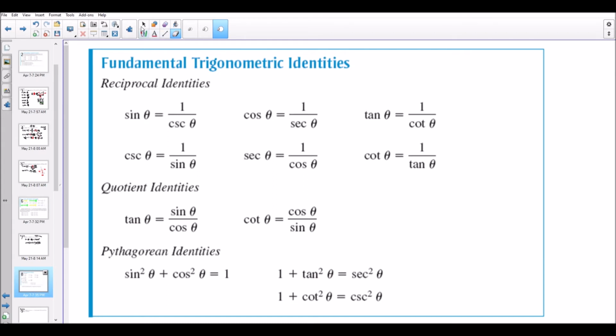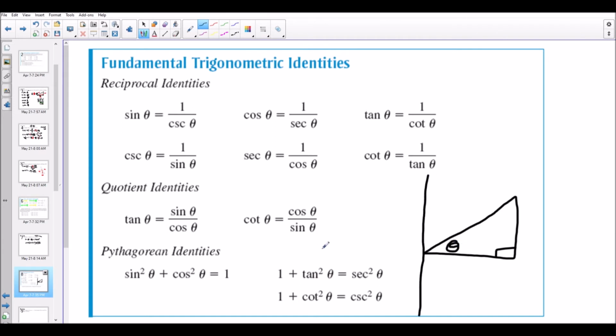Now, the Pythagorean identities at the end here are all based off of the idea of the right triangle in your unit circle. Let's say here's your y-axis, here's your x-axis, here's your point, the circle's going around over here through that point and down and around, you get the idea.